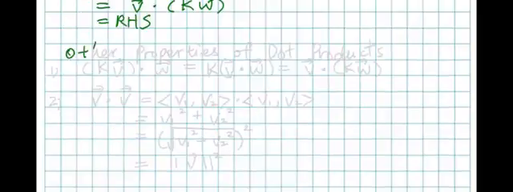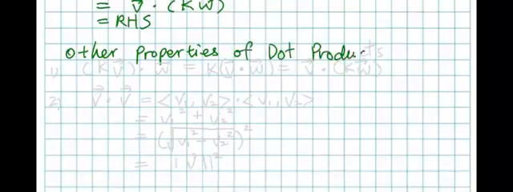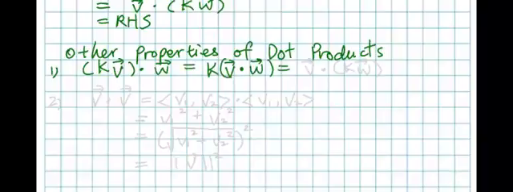Now we can establish the other properties of dot products. Number 1, k times (vector v dot vector w) equals (k times vector v) dot vector w equals vector v dot (k times vector w).